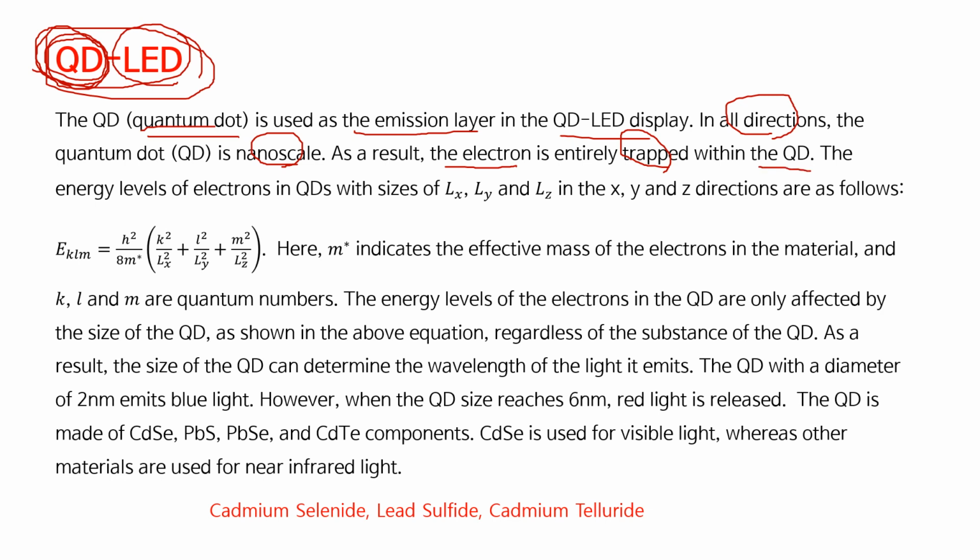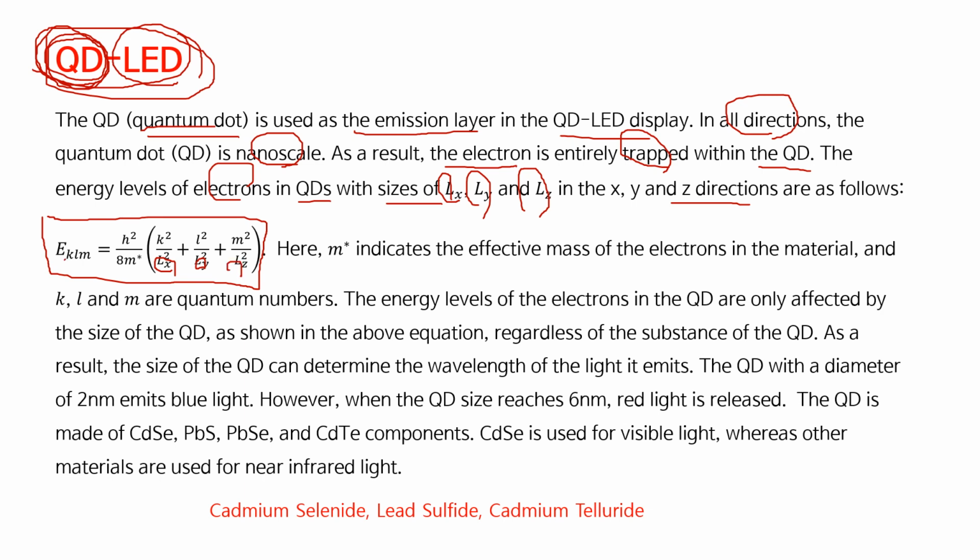The energy levels of electrons in quantum dots with the size of Lx, Ly, and Lz in the x, y, and z directions are as follows. This is the energy levels of electrons in the quantum dot with the size dimensions Lx, Ly, and Lz in the x, y, z direction.